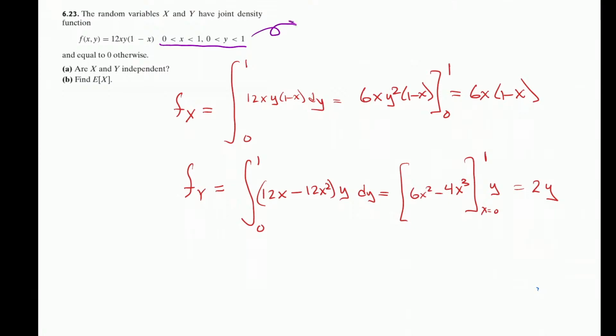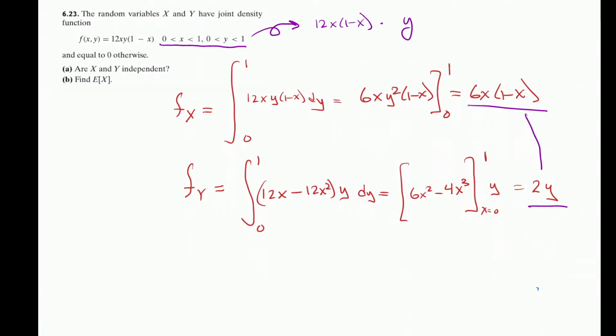So I'll just write this down: 12x times 1 minus x times y. So you can separate out the x's and the y's. But I went the distance and figured out the marginal density functions. And when you multiply these together, you get the density function up there. So maybe I did more work than I had to, but I feel good about my work.